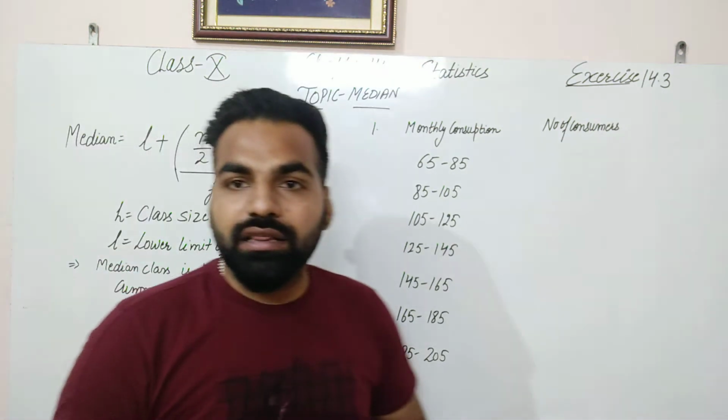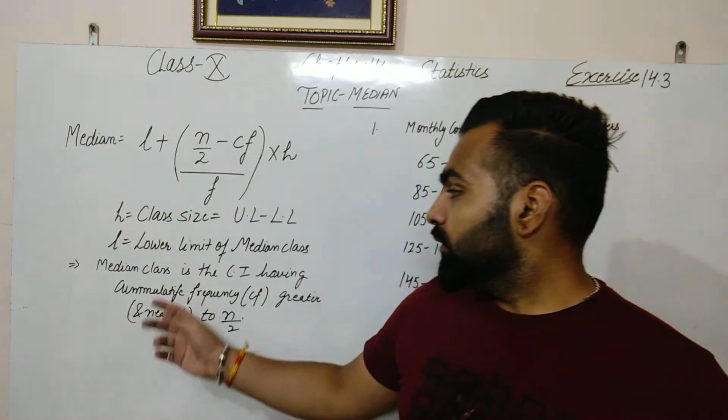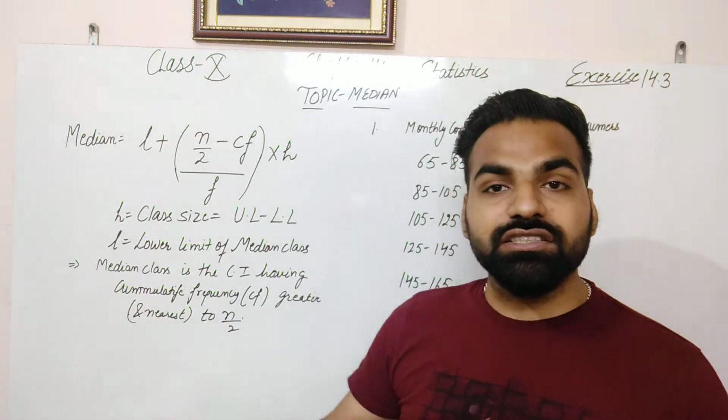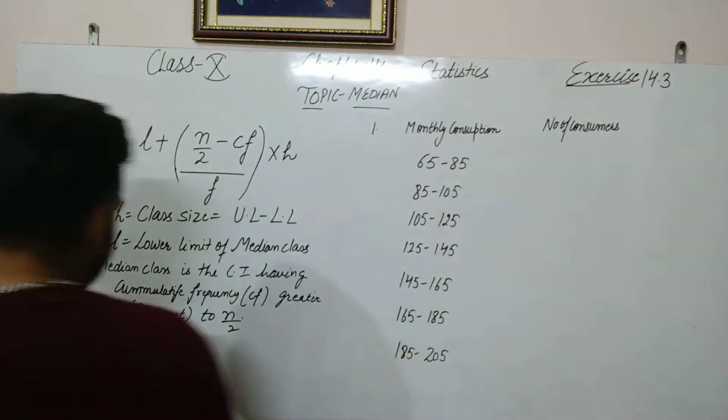So median class is the class interval having cumulative frequency, that is CF, greater and nearest to n by 2.